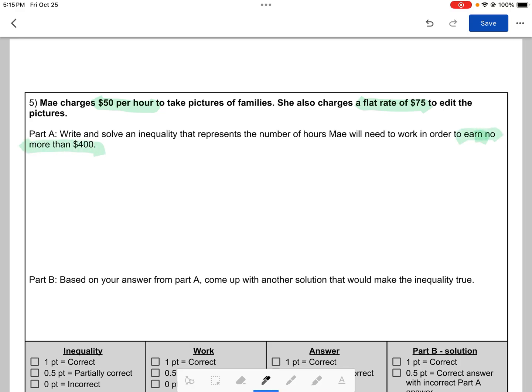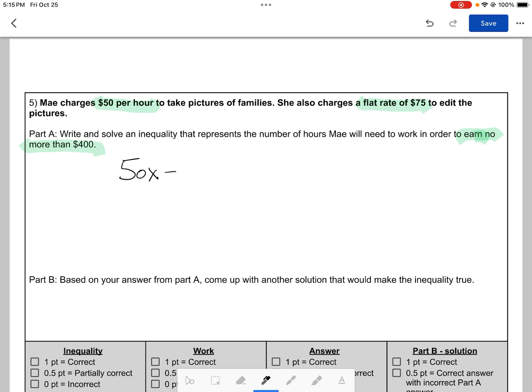Okay, so I'm going to look at the top in the bold. The first thing I need to do is $50 per hour. Well, I always tell my students, wherever you see the word per or each, you're probably going to attach a variable, and in this case, we're going to attach an X to represent the number of hours. She also charges a flat rate of $75. Flat just means it's a one-time thing.